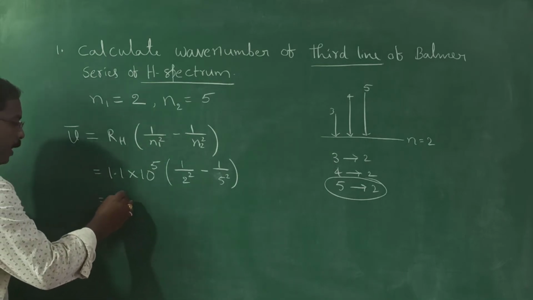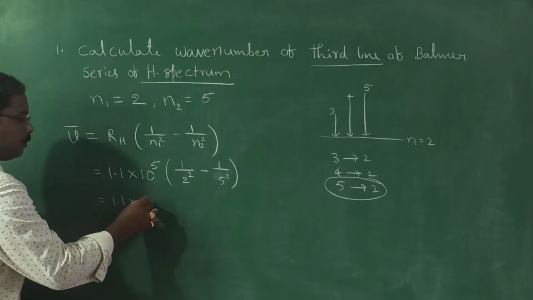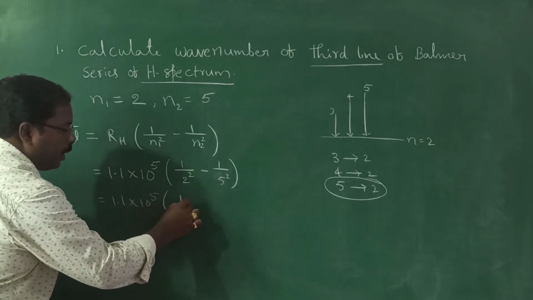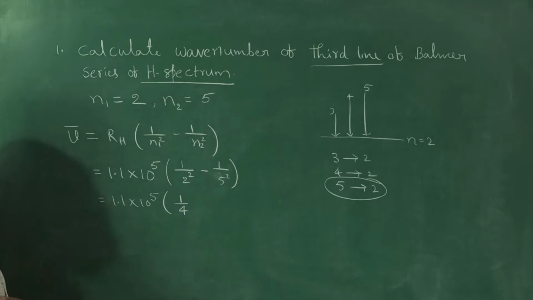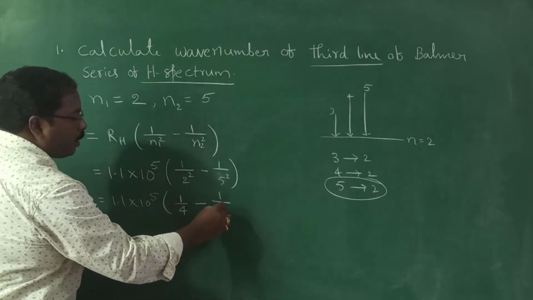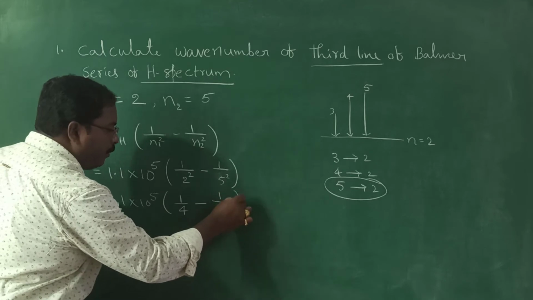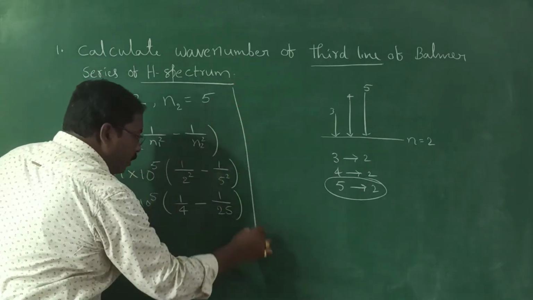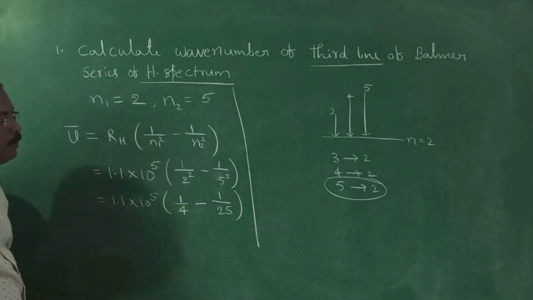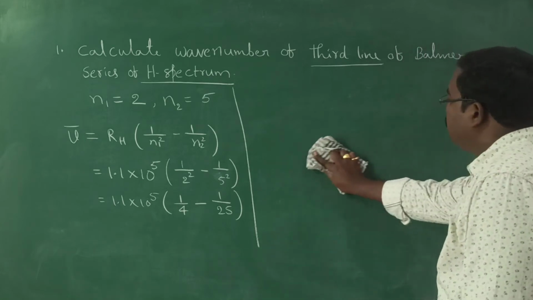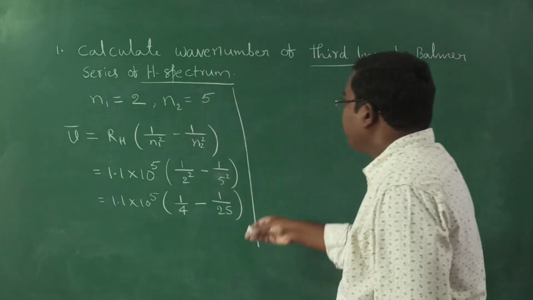Now 1.1, approximately, we are writing into 10 to the power 5, into 1 by 2 square. 2 square means 4, so 1 by 4, minus 1 by 5 square. Square of 5 is 25. Okay? Now take LCM between the two. Then solve.